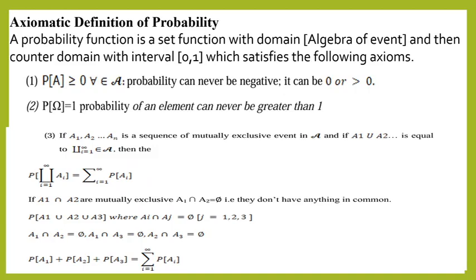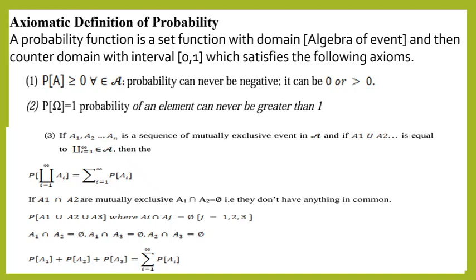Now, they can ask us what the difference is between sample space and event. Sample space is the set of all possible outcomes of a random experiment, while an event is a subset of the sample space.